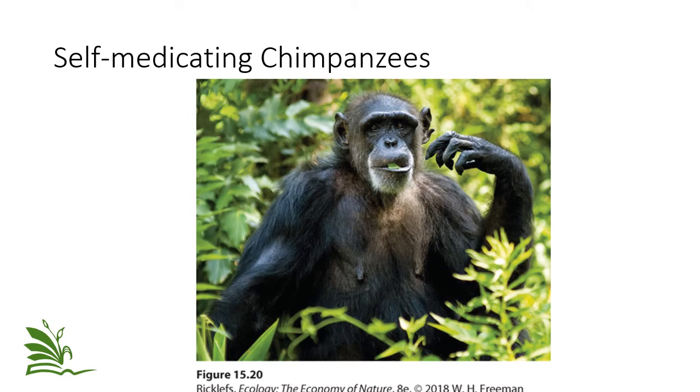Now, as I mentioned, hosts are not helpless. They have lots of opportunities to do things in order to avoid being parasitized. And biologists studying primates quickly realized that the food choices that primates were making were non-random.